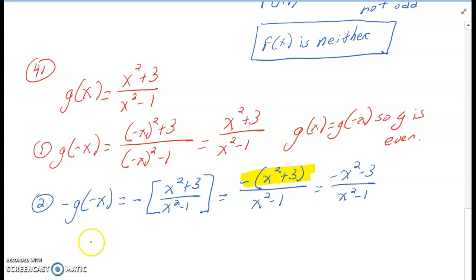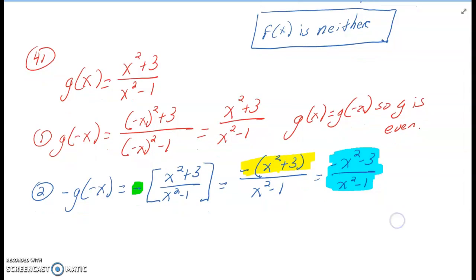And from here, you can tell that that function that I'm going to highlight here in blue is not the same as the original. A very common mistake that we've seen in class is people distribute that negative that I'm going to highlight here in green. People distribute that negative to both the numerator and denominator. That's not true. Here's a numerical example. If we said the opposite of 2/3, that's negative 2 over 3.